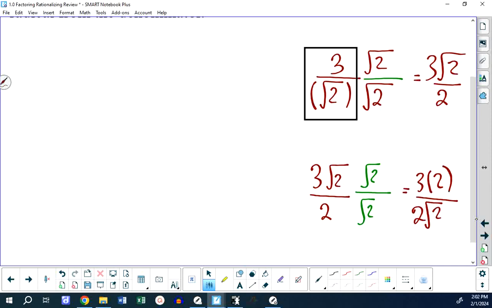Root 2 times root 2 is 2. Oh. You get 3 over root 2. I mean, you could just go back and forth all day if you want. But my point is really important. You rationalize whatever you need to make things happen.